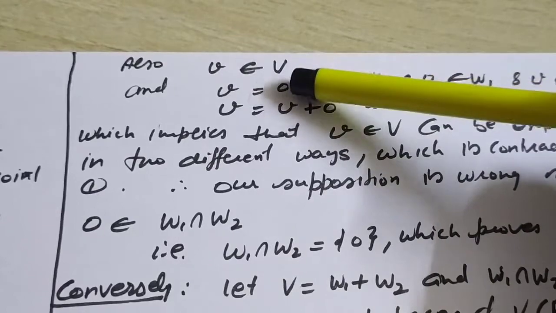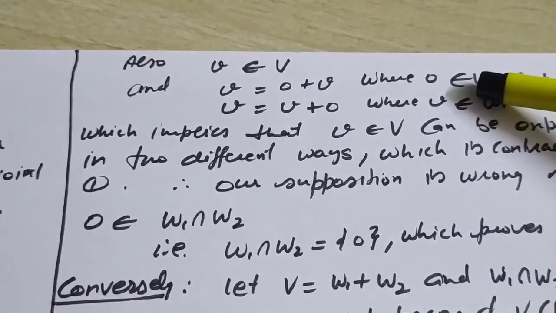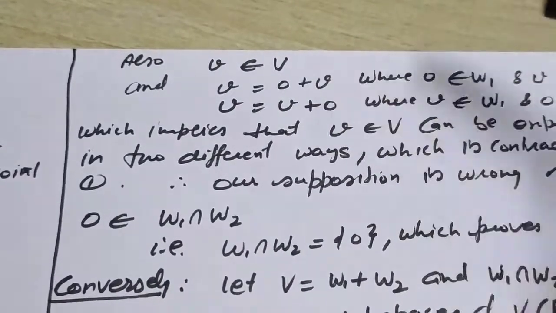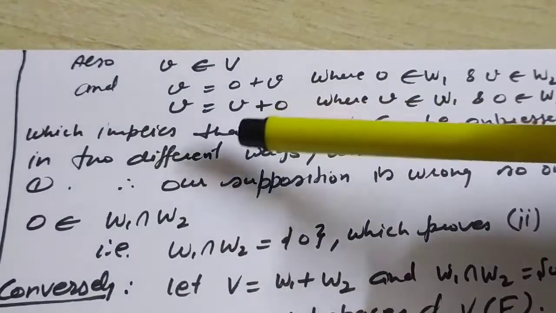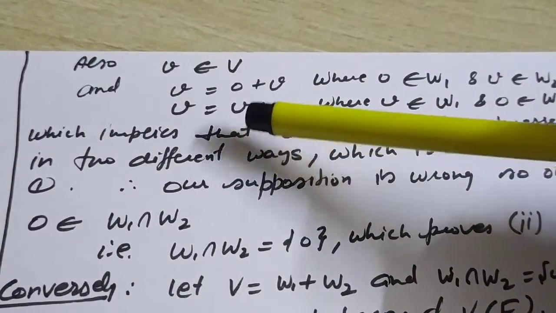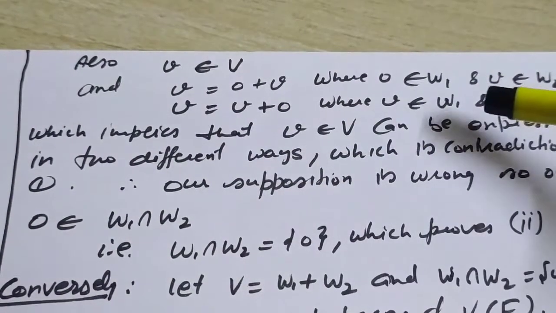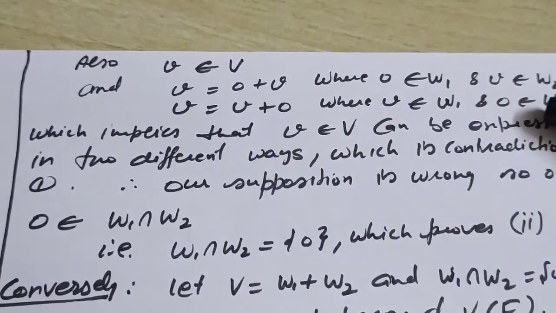In the first representation, 0 belongs to W1 and v belongs to W2. In the second representation, v belongs to W1 and 0 belongs to W2.